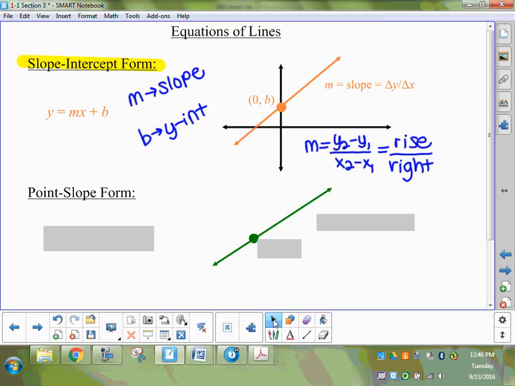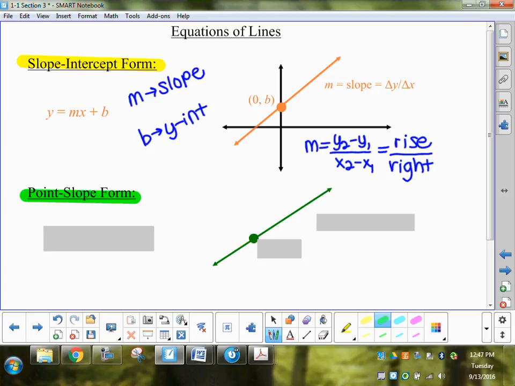The other piece, and I don't know if you've done this form before, is point-slope form. You use slope-intercept form when you've got the slope and the y-intercept. You use point-slope form when you know the slope and one point on the graph. It looks like this: y minus y1 is equal to m, the slope, times the quantity x minus x1.